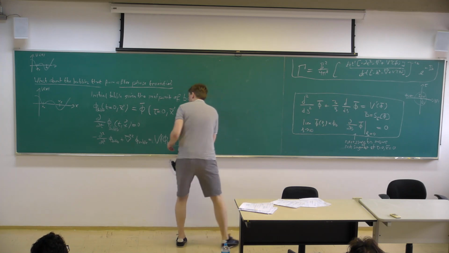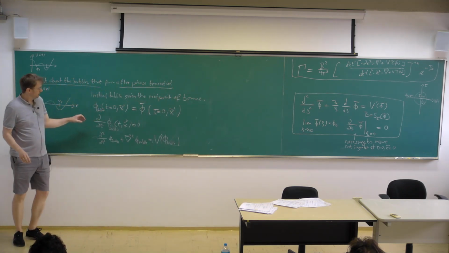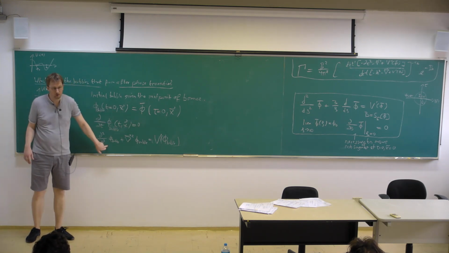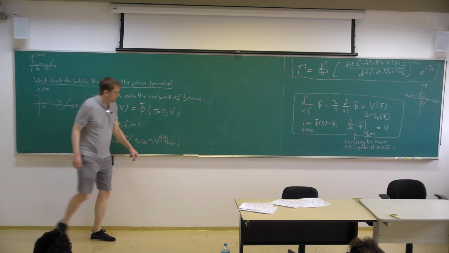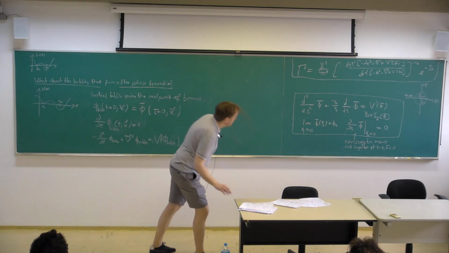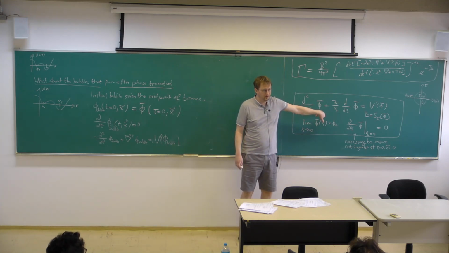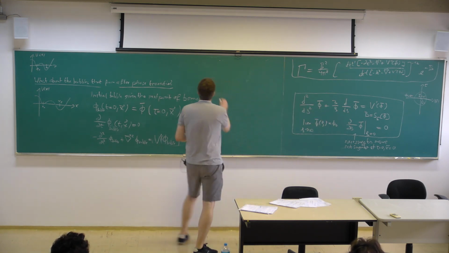So this is the initial configuration, the initial value, and now I want to know how this bubble that forms evolves in time. This is really just the analytic continuation of this solution in Euclidean space back to Minkowski space. So it's very simple.